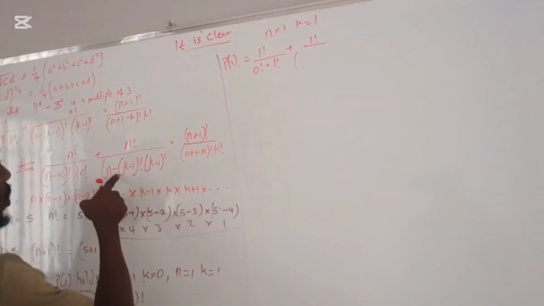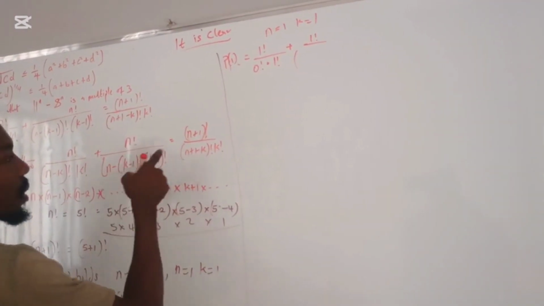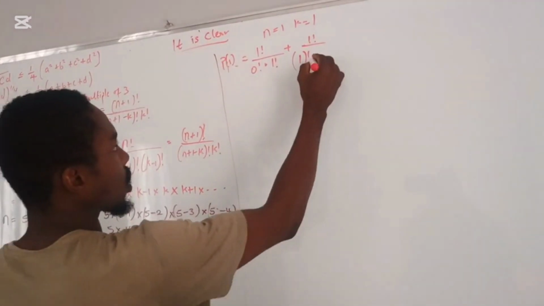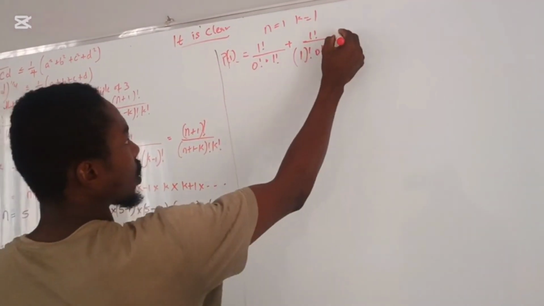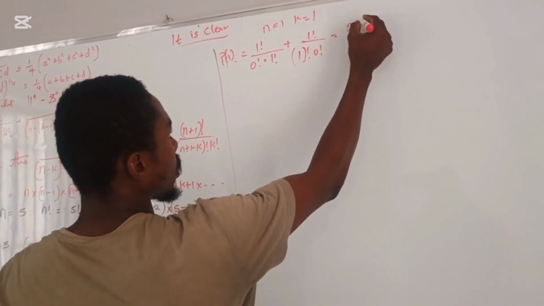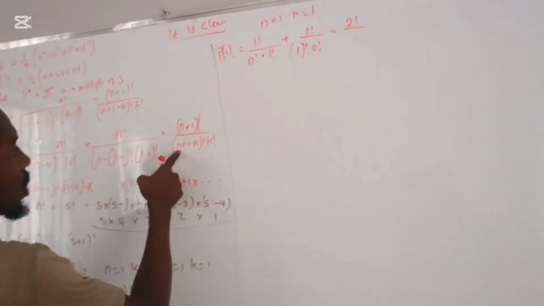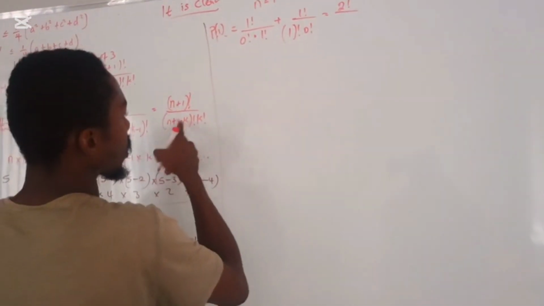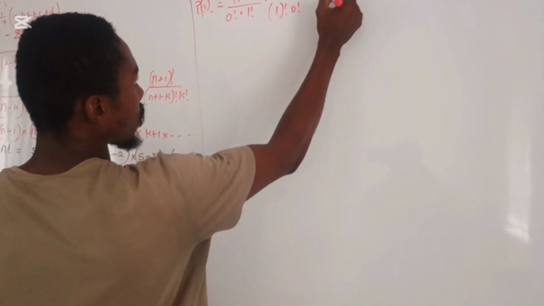We have 1 minus 0, which is 1 factorial, and 1 minus 1 is 0 factorial, which is equal to 1, plus 1 is 2 factorial, all over 1 minus 1 plus 1, that is 1 factorial times 1 factorial.